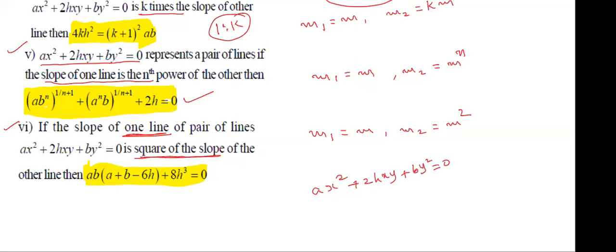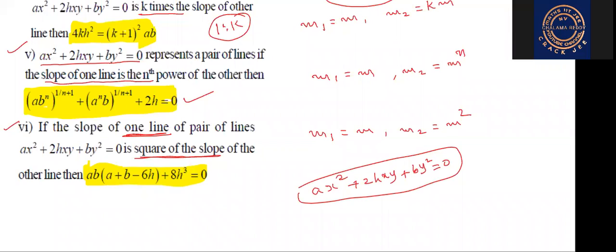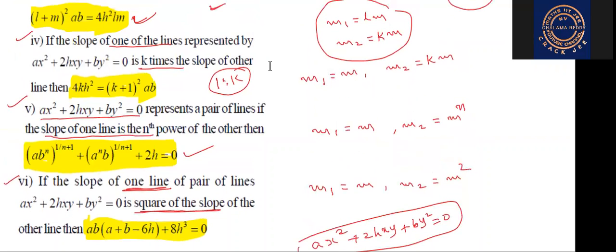In this pair of lines, we will identify a, 2h, b. The x square coefficient is a, the y square coefficient is b, the xy coefficient is 2h. So by comparing that, we can identify those values and substitute in the shortcut formulae, and we get the answer easily. Okay, students, did all of you understand now?